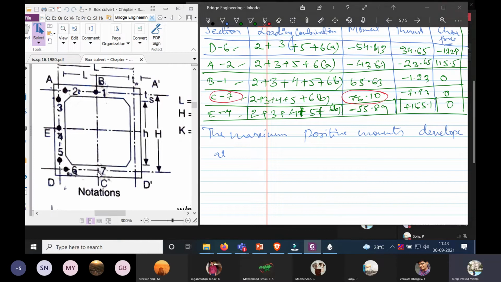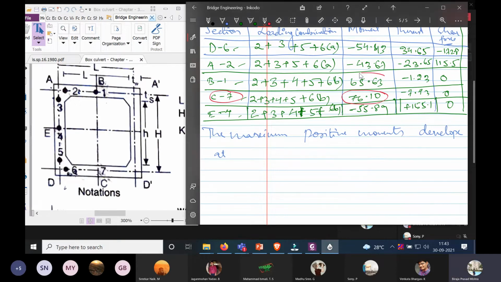So that is at where? It is at the center of bottom and top slab. Even here, see, here also B1.